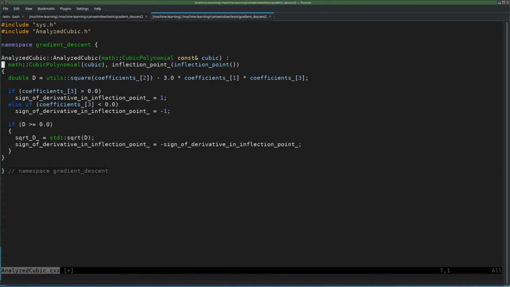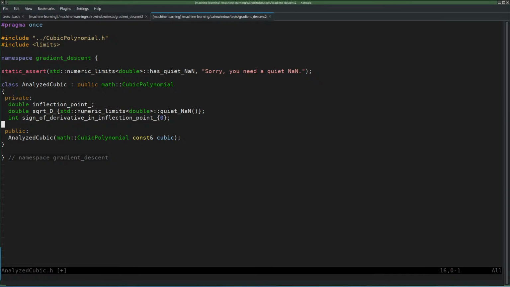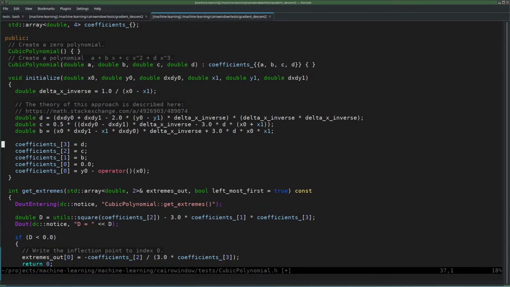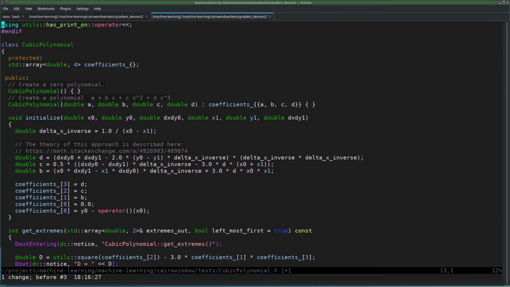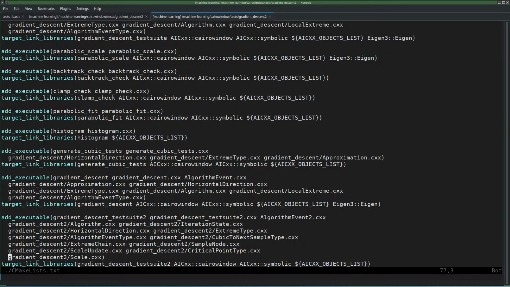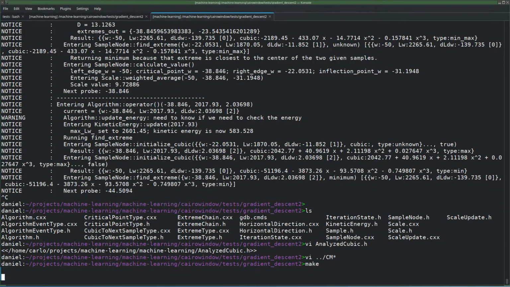Let's add this to the CMake file. No, just see if it compiles.